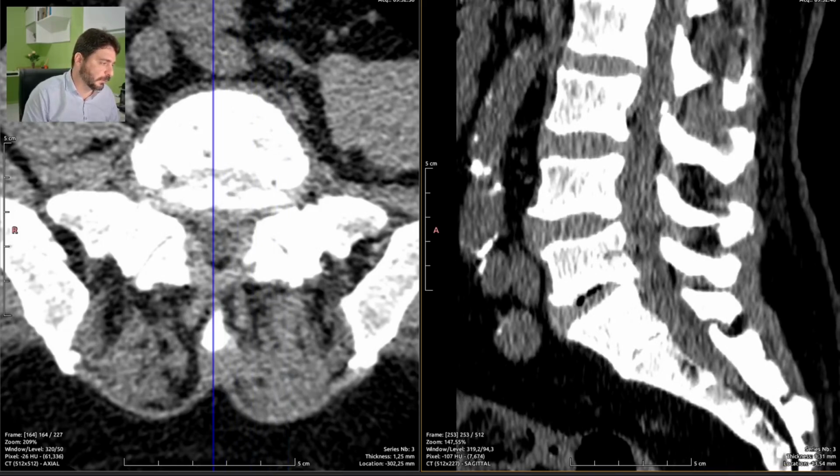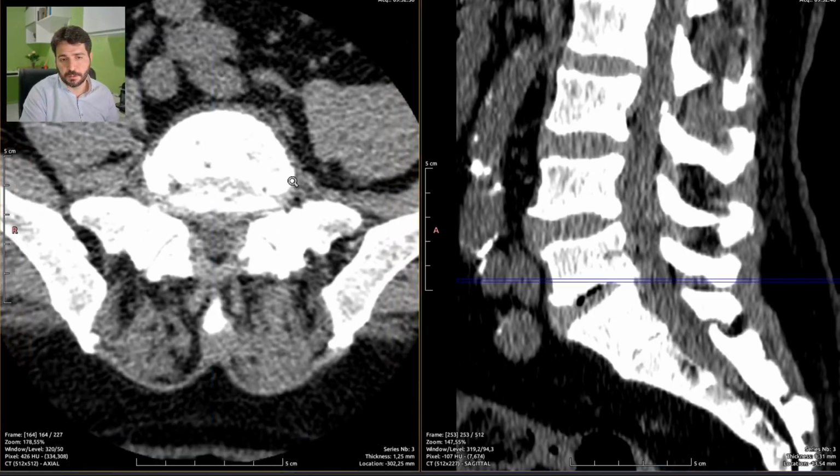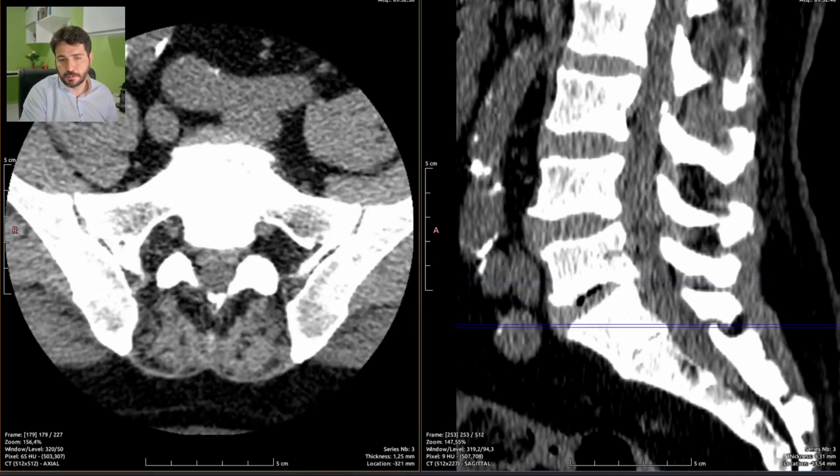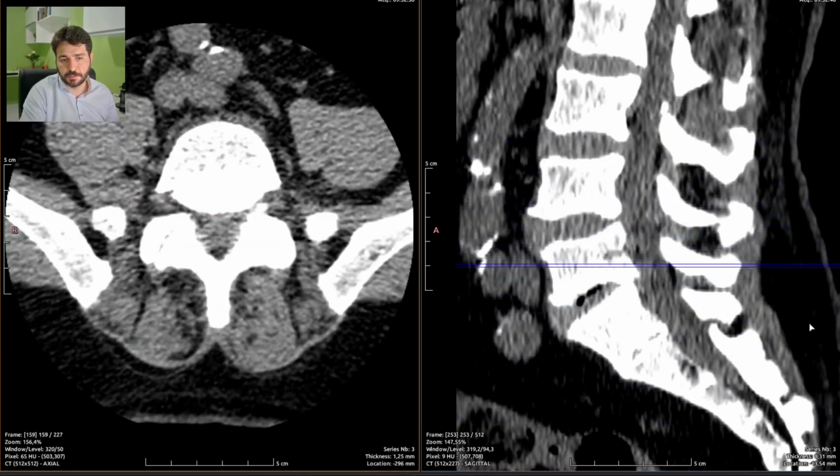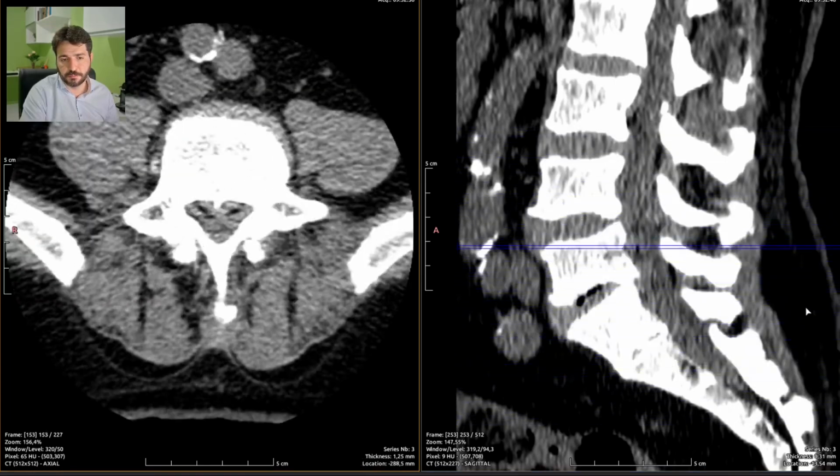So this is probably a surgical case, even though this patient is quite old. Sometimes old age will be a factor to postpone this surgical intervention or even not consider it viable.